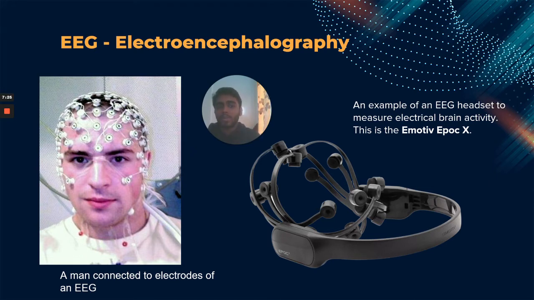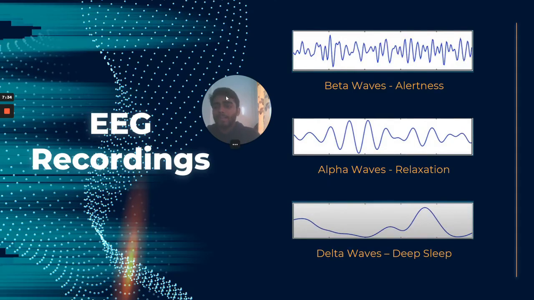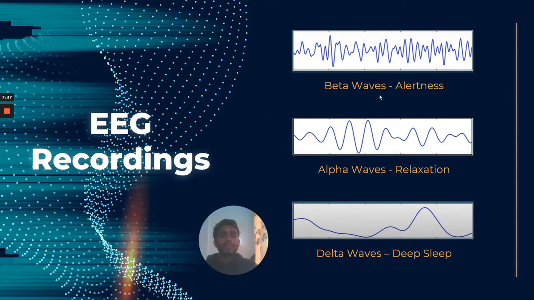This particular device is Emotiv Epoc X. This is what typical EEG recordings look like. When you are in an alert state, you will get beta waves. Alpha waves relate to a relaxed state, and delta waves relate to deep sleep or a very highly relaxed state. There are many more that can relate to lust, that can relate to concentration. These are the three basic waves, beta waves, alpha waves, and delta waves.